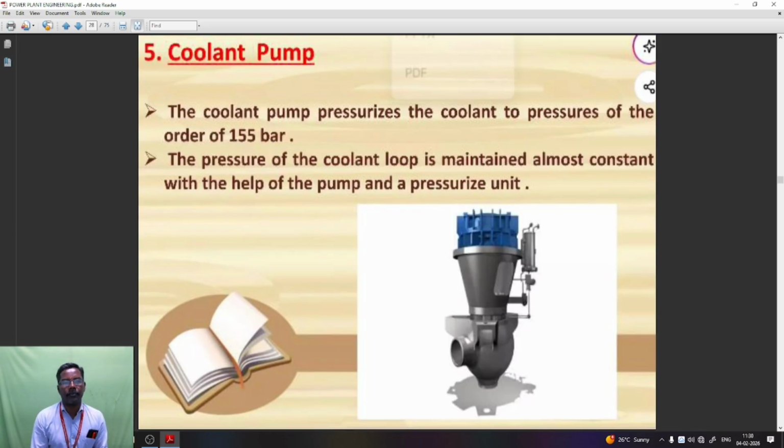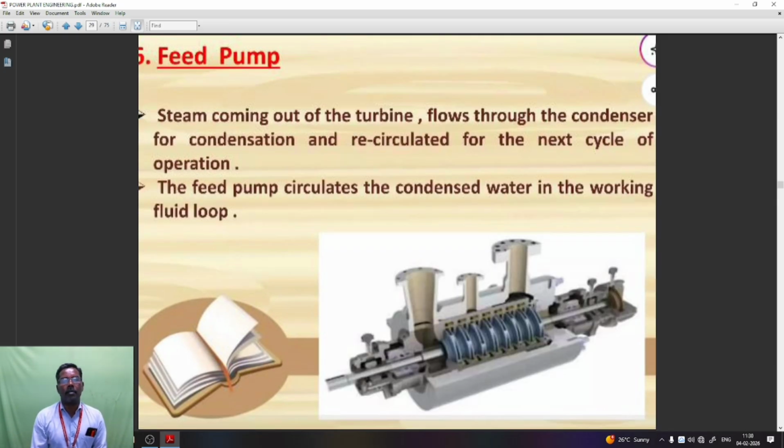Coolant pump. The coolant pump pressurizes the coolant to a pressure of the order of 155 bar. The coolant pump is used to maintain the flow of coolant. Feed pump.